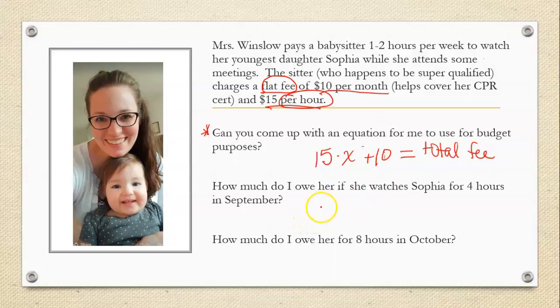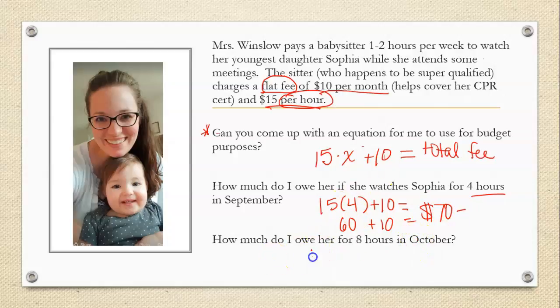So the second one here, how much do I owe her if she watches Sophia for 4 hours? Again, remember the hours is what changes. So we're going to take that 4 and plug it in for x into our equation and see what it is. So 15 times 4 is 60. 60 plus 10, that's going to be $70 that I'm going to owe that sitter. That's not too bad.